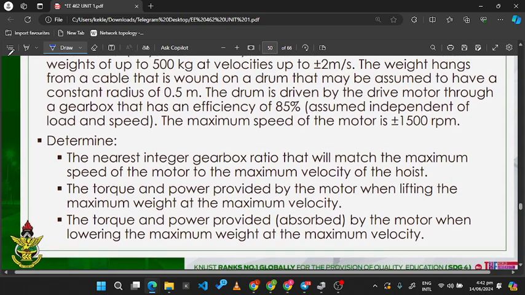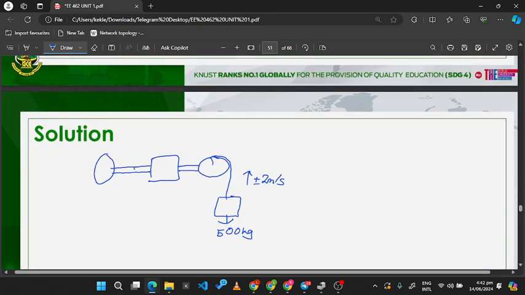Our radius is 0.5 meters. We've been given our motor speed as 1500 rpm. We are supposed to find the gearbox ratio, N to 1.